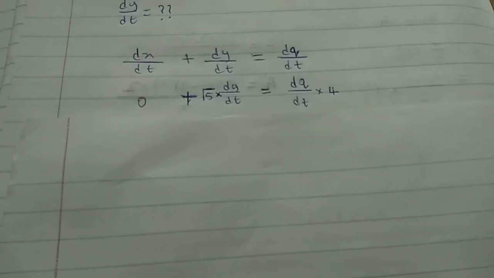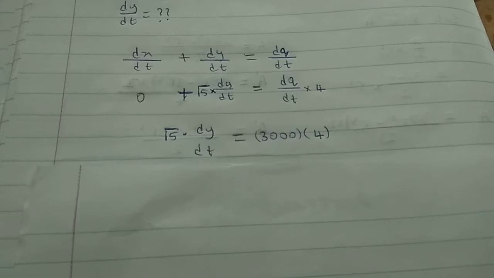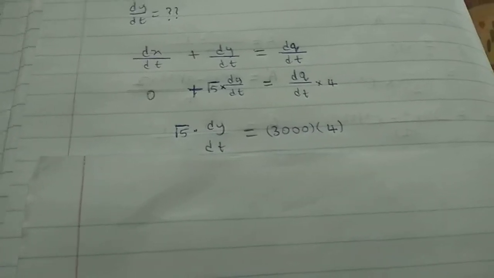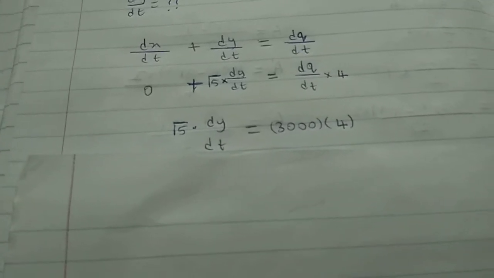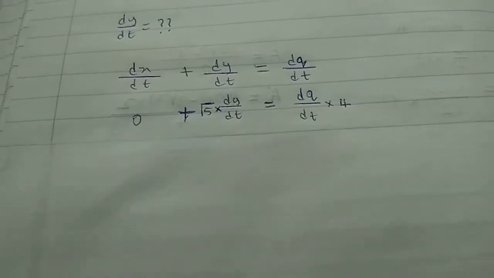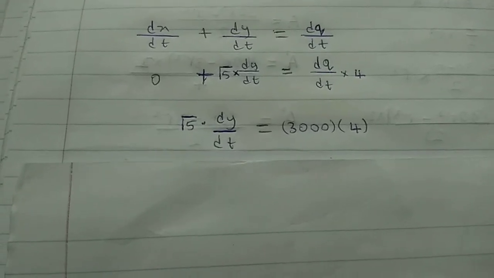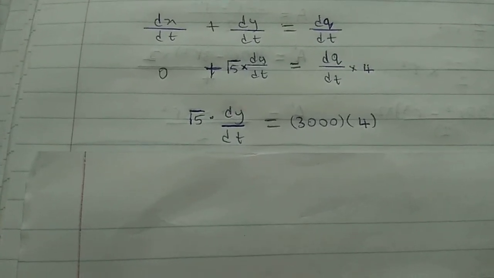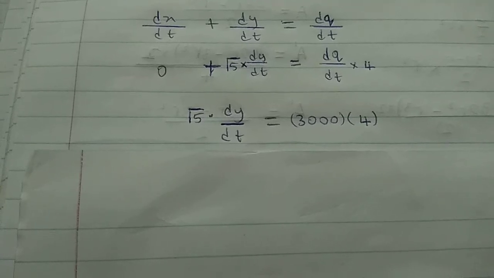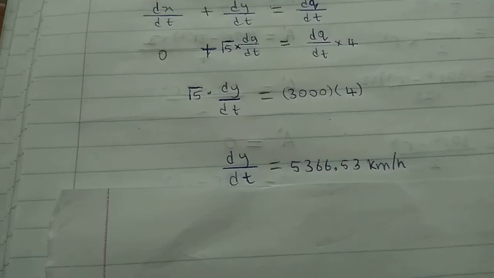So we're going to substitute the value into the equation, and we get something like this. From here we divide by the square root of 5 on both sides to get dy/dt.